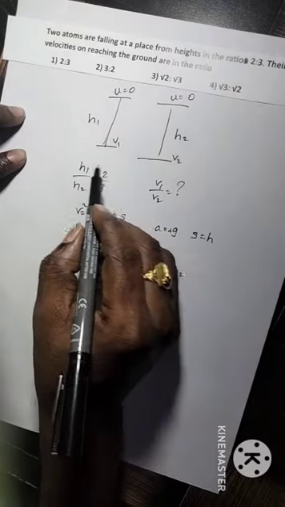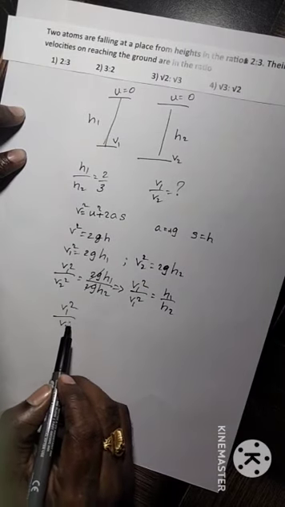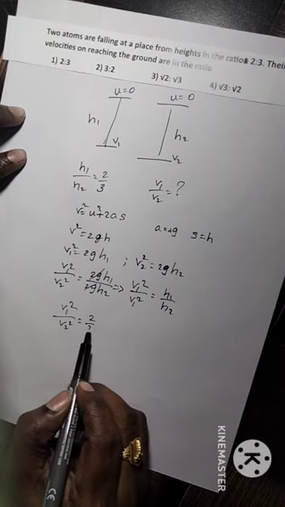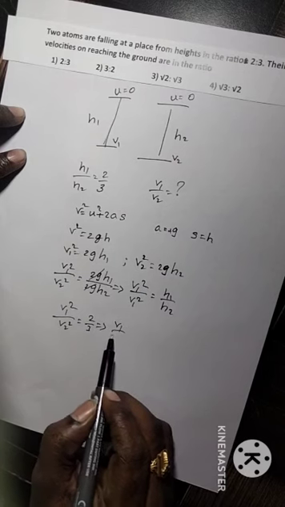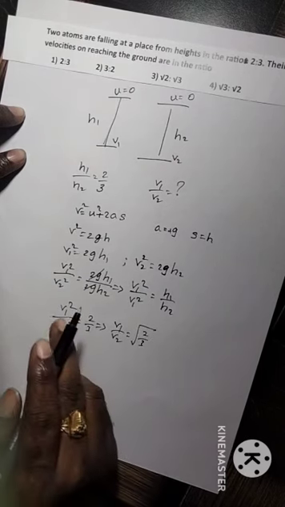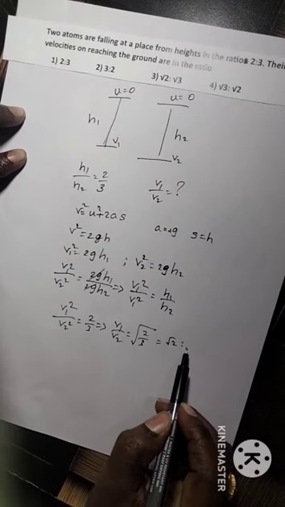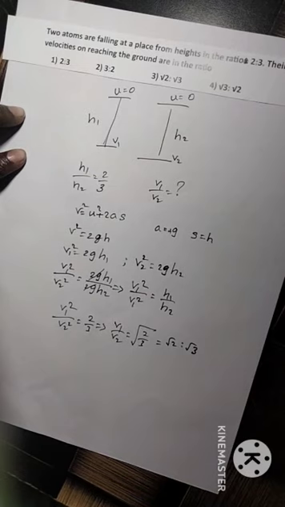Already we know that h1 by h2 is 2 by 3. Then v1 square by v2 square is equal to 2 by 3. That implies v1 by v2 is equal to under root 2 by 3. If you remove the square on one side, then on the other side you will get the root. So root 2 is to root 3. This is the answer for the given question.